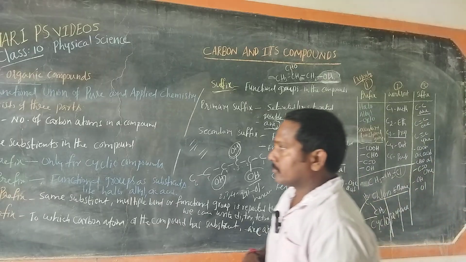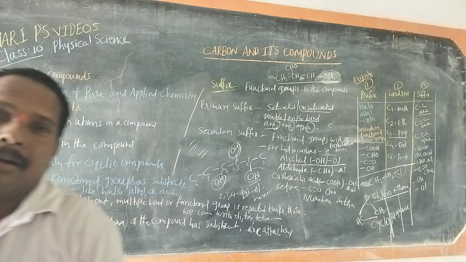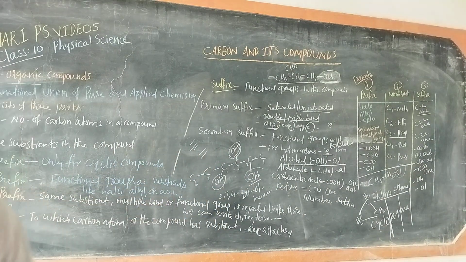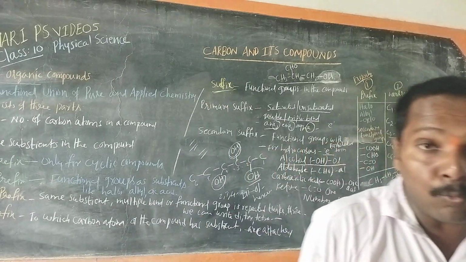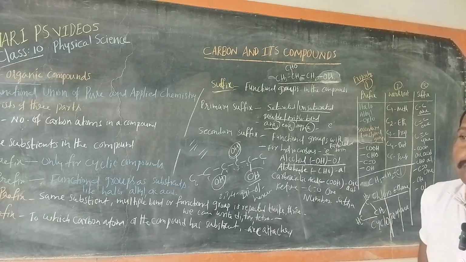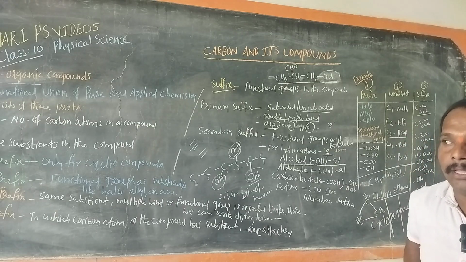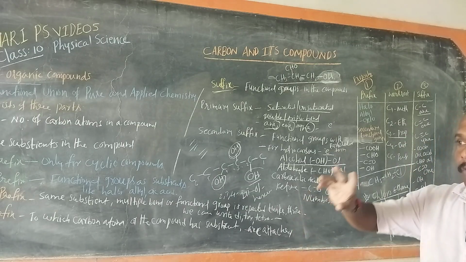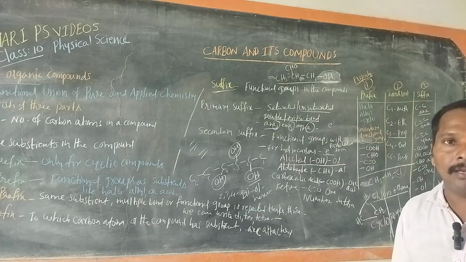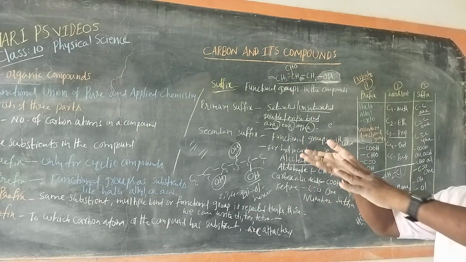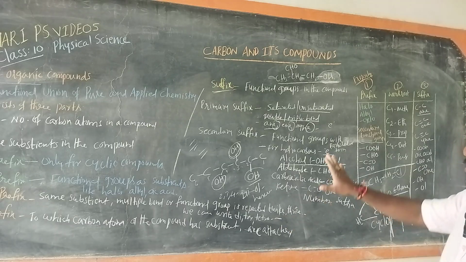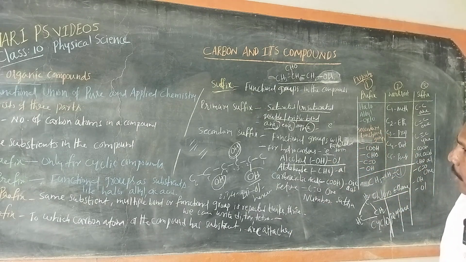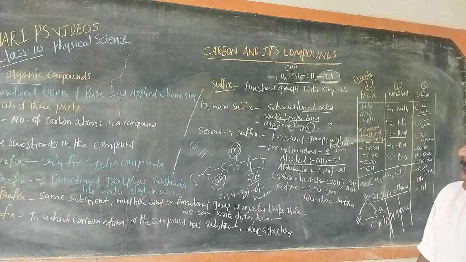So please watch these videos frequently to understand how we have to give the names. During the examination it is possible to be asked to write the name of a given compound and write the structure. So these are some points regarding nomenclature of organic compounds.